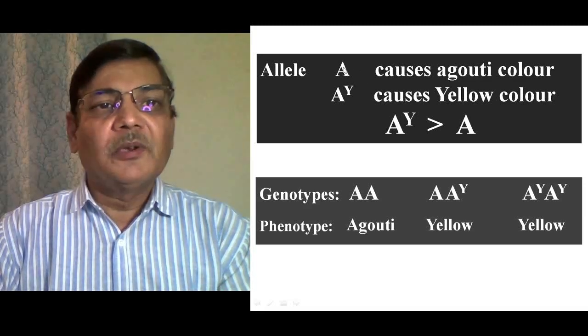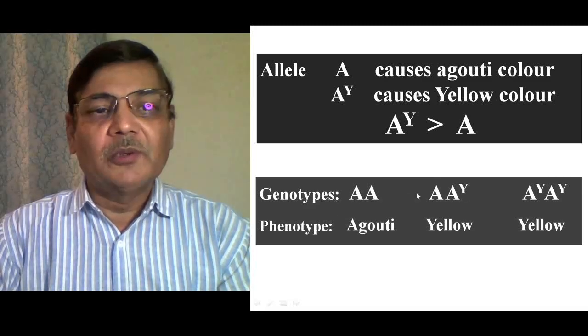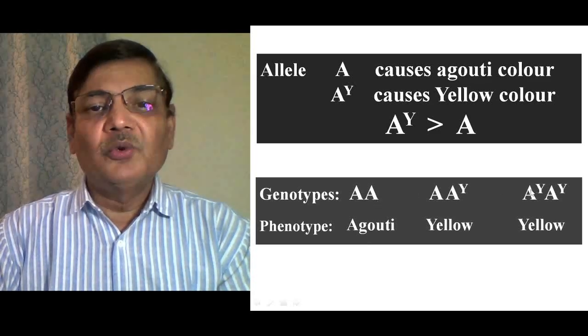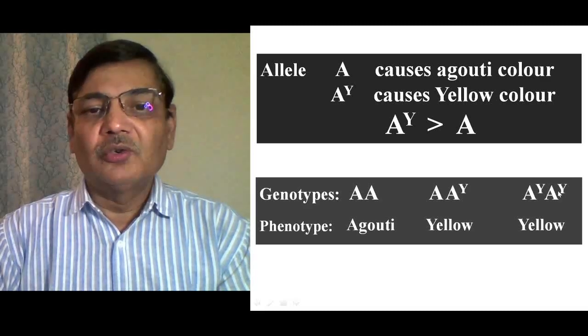Now, because of the presence of these two alleles, A and AY, three genotypes are possible: AA, AAY, and AYAY. AA will result in the agouti phenotype, that is, such mice will have brownish coat color. Mice having the AAY genotype should be yellow because the AY allele is dominant over agouti, and those with the AYAY genotype will also produce yellow coat color.